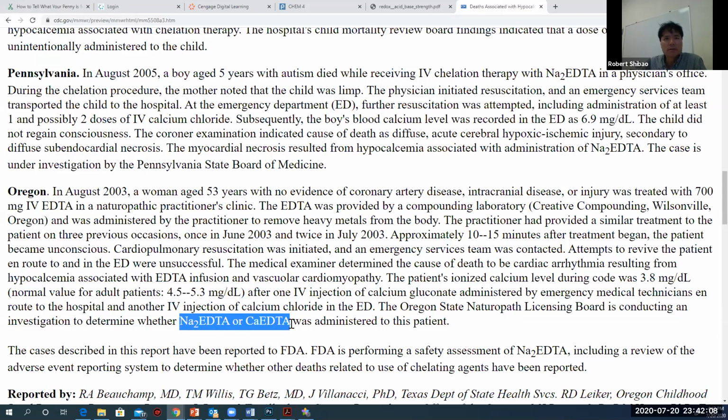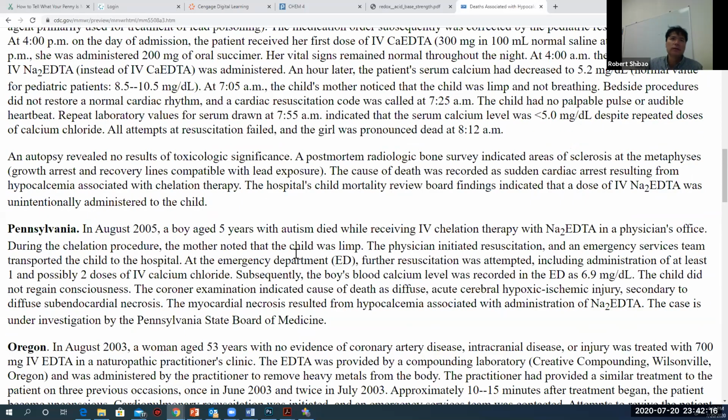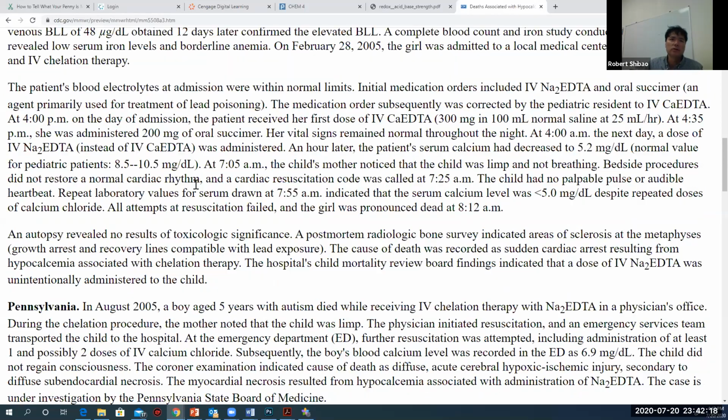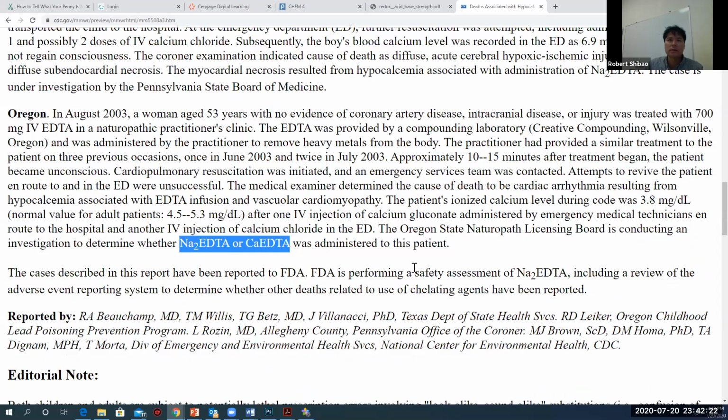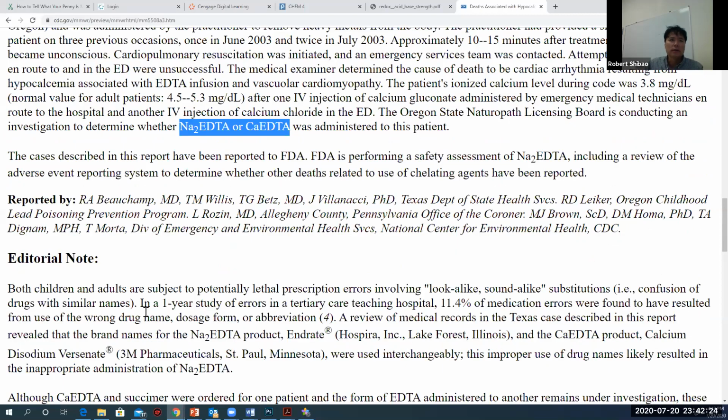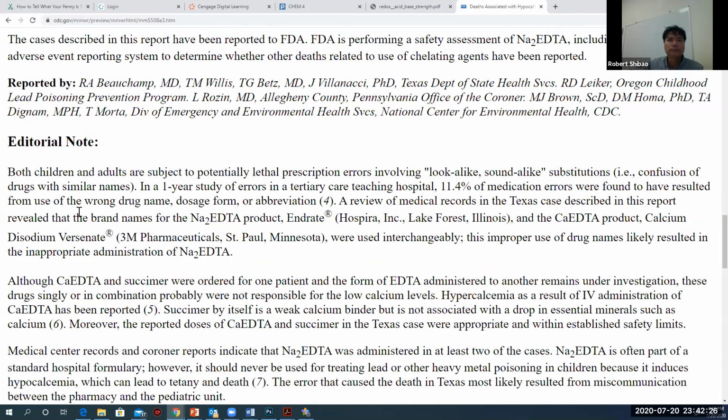Sodium EDTA looks the same as calcium EDTA. EDTA is EDTA, isn't it? And so, well, this is only a few, but there have been too many deaths, way too many deaths. And so finally, the end: they look alike, sound alike. Look-alike, sound-alike is very dangerous in the hospital.